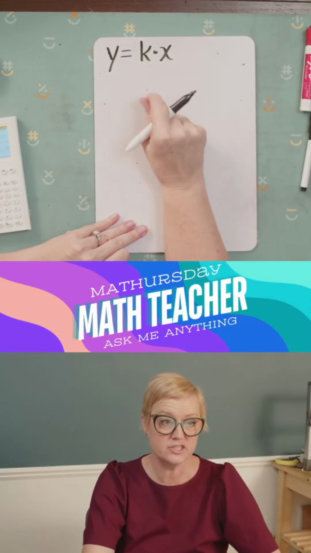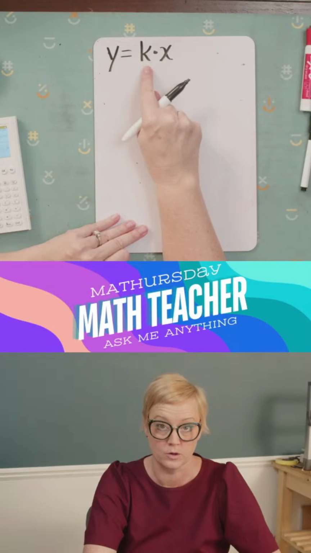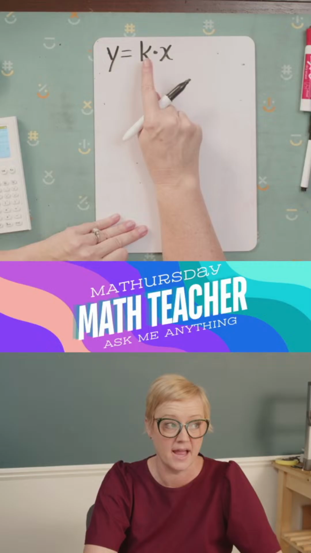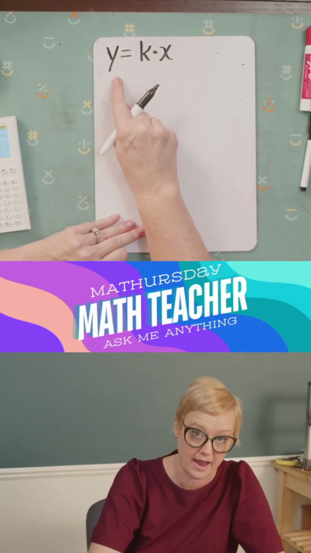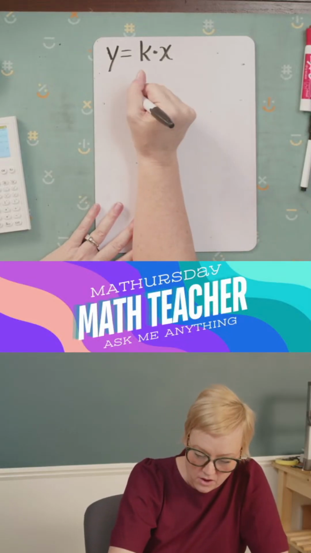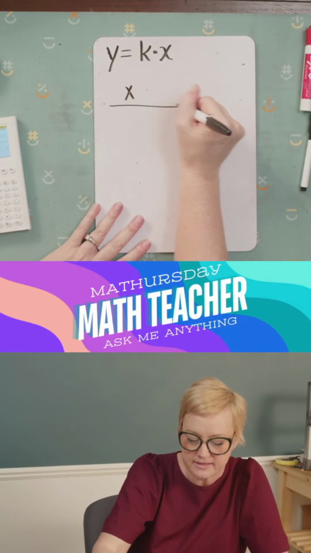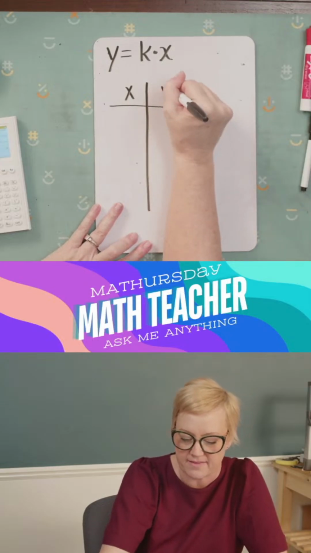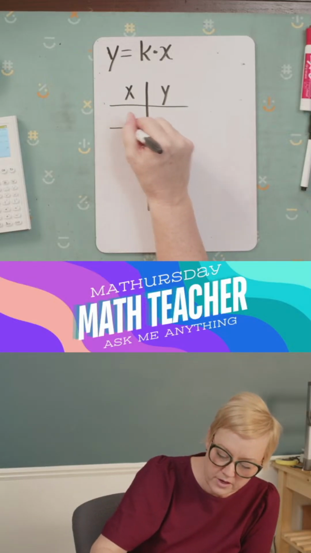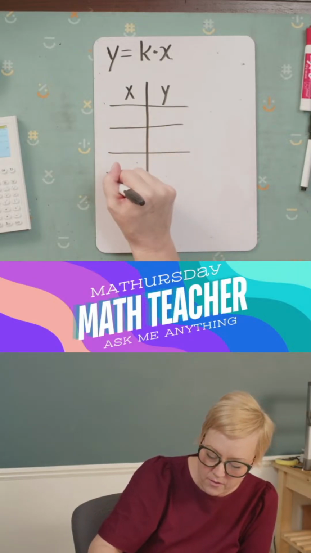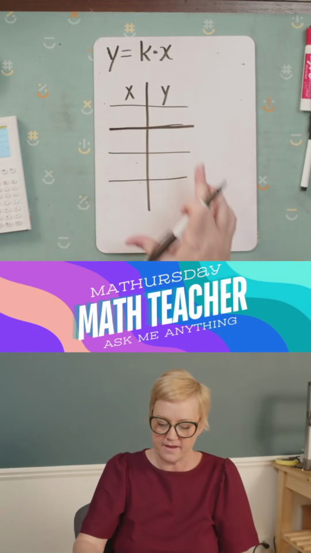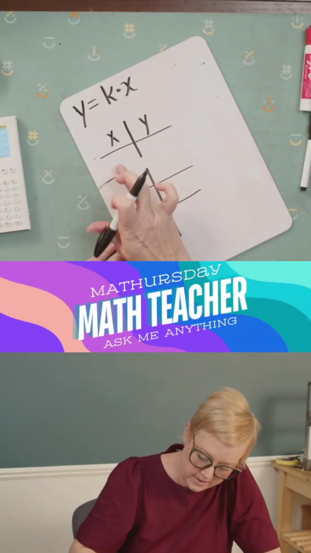That K is your constant of proportionality. So that's what you're going to be multiplying your X values by to get your Y values, okay? So usually when you're looking at these proportional tables, and again, this is usually like 7th grade math, maybe 6th grade math, what we're looking at is how these are related, okay? So if you have something like, ooh, that's a terrible line.